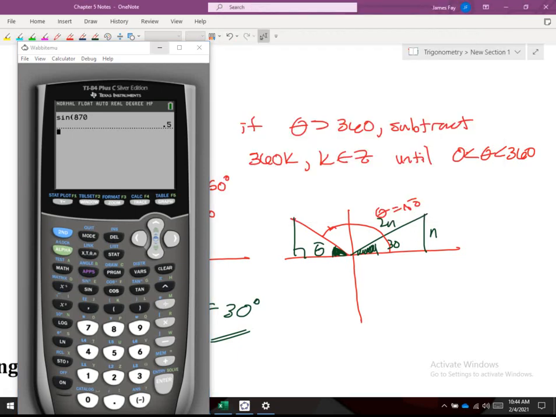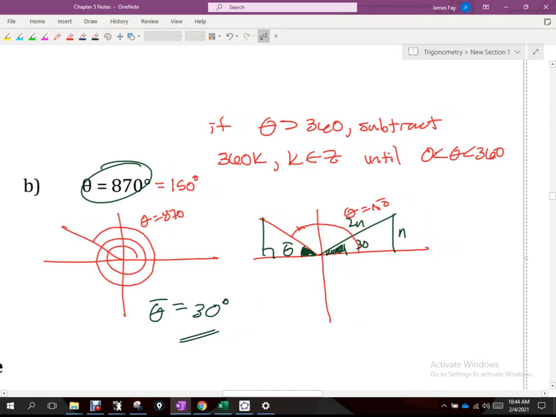Now, if we were in radians, let's go 27 pi over 4. Let's say that is my theta. Instead of subtracting 360, we're going to subtract what? 2 pi.